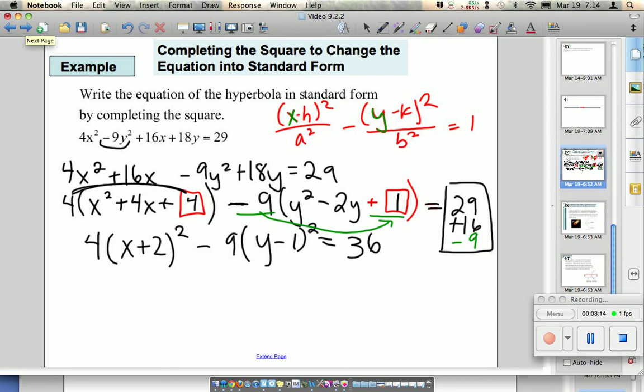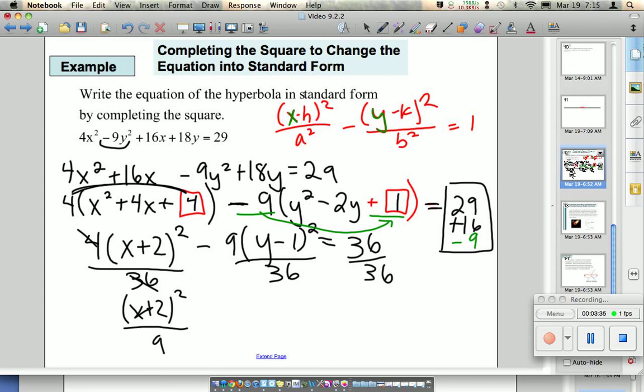And now I'm ready to finish it out by dividing everything by 36. Remember, your goal is to get the 1 on the right. If we don't get denominators over here, we'll find ways to do that. But getting the 1 on the right is the first thing you're going to do at this point. So it looks like we're going to get x plus 2 squared over 9, because the 4 will cancel with the 36 and create a 9.